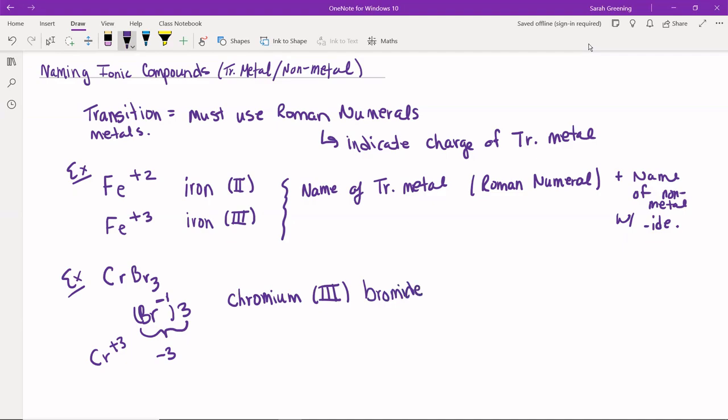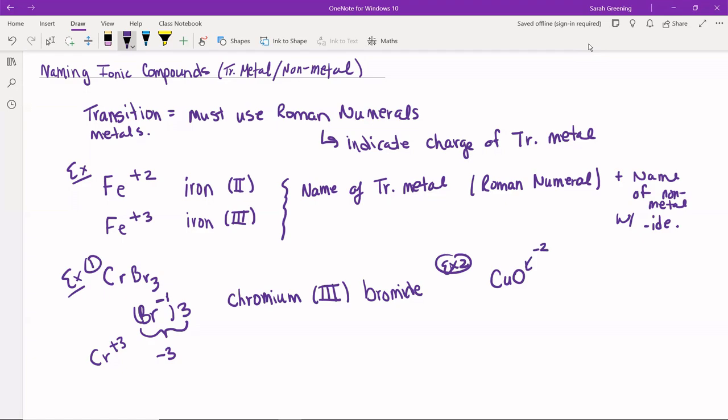We can do another example. So we'll call this example 2. This one, we're going to look at copper and oxygen, and we're going to figure out what the name of this ionic compound is. So we know it's copper, and copper is a transition metal, but we're not sure exactly what the charge is of copper right away. We can't figure it out by looking at the periodic table. But we can figure out what oxygen is. In the periodic table, we know that oxygen has a -2 charge.